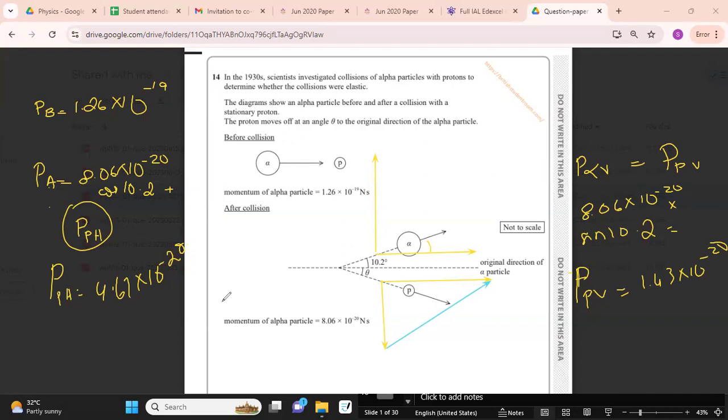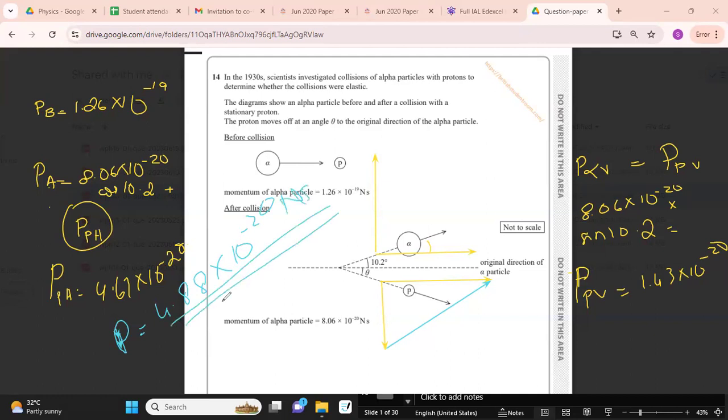So square the vertical component plus we are going to square the horizontal component, and then we obviously take the square root of the answer. When you do that, your final momentum is going to come out as 4.88 into 10 raised to the power of negative 20.